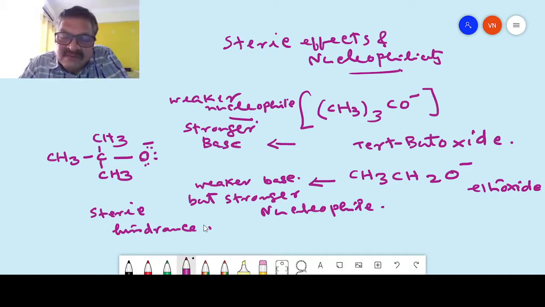Okay. Now, sterically hindered bases are poor nucleophiles. You can generalize this. Sterically hindered bases that are poor nucleophiles are called, there is a word for that, non-nucleophilic bases.